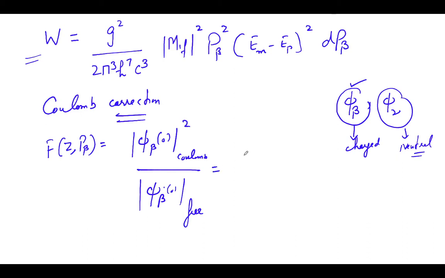This Fermi function is added in the transition probability, and it is equal to 2 pi eta over 1 minus exponential of minus 2 pi eta. This eta is dependent upon the Coulomb factor.